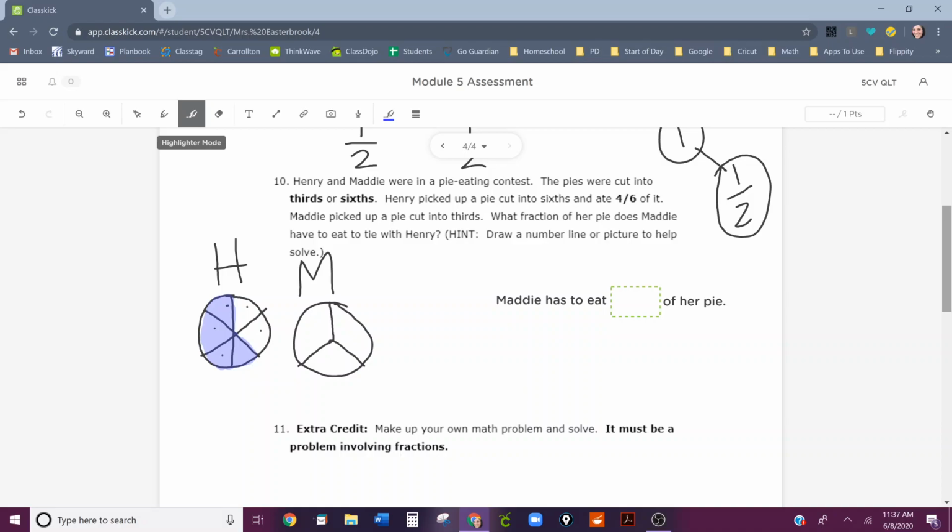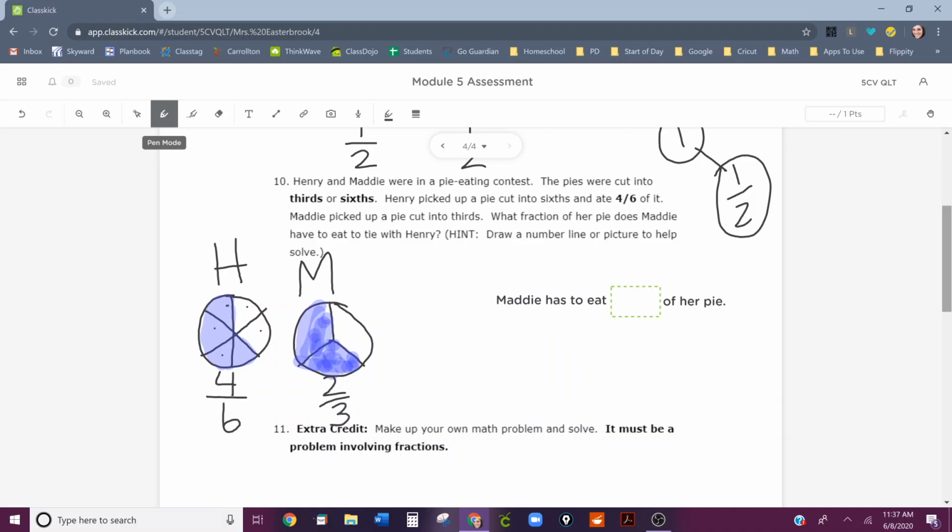So I'm going to look at his. And you notice that if we shade that amount, it looks like the same as Henry's. So right now, Henry has eaten 4/6. Maddie has eaten 2 out of 3 pieces.